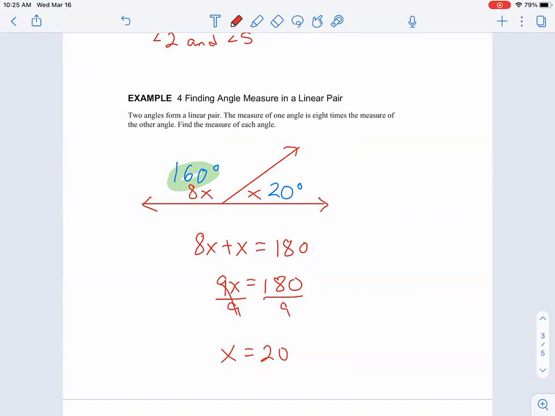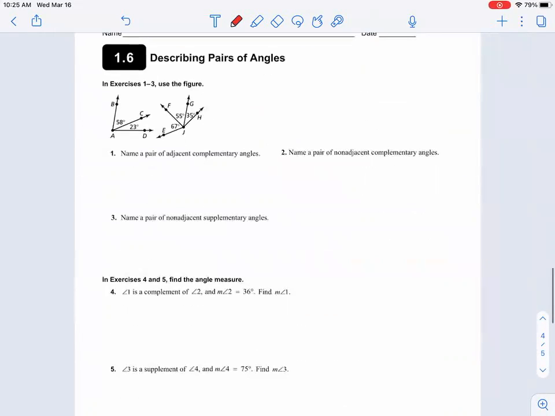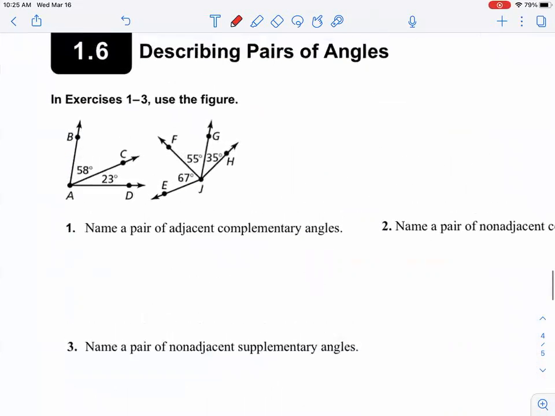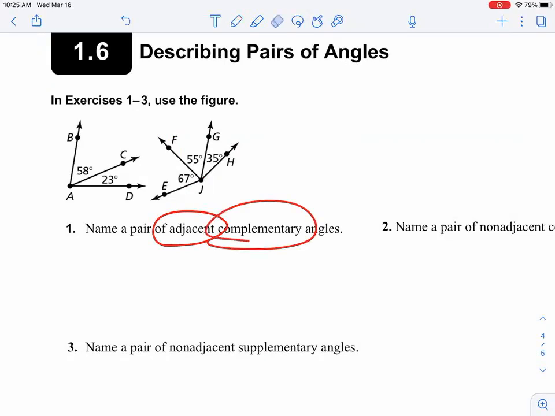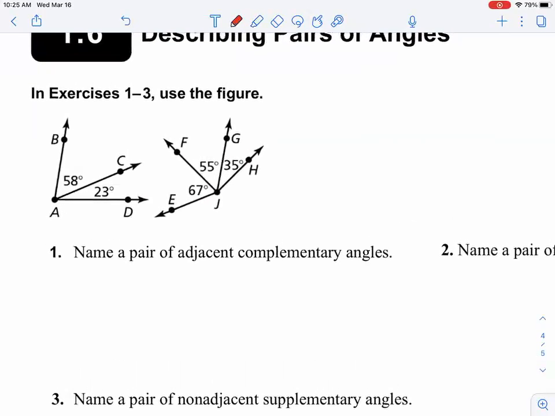All right, we're moving right along. The next part is going to combine a couple of things. We want to name a pair of adjacent complementary angles. Those are two different terms. Adjacent means they share a side. Complementary means they add up to 90. So if they share a side and add up to 90, 55 plus 35 adds up to 90, and they share a side.